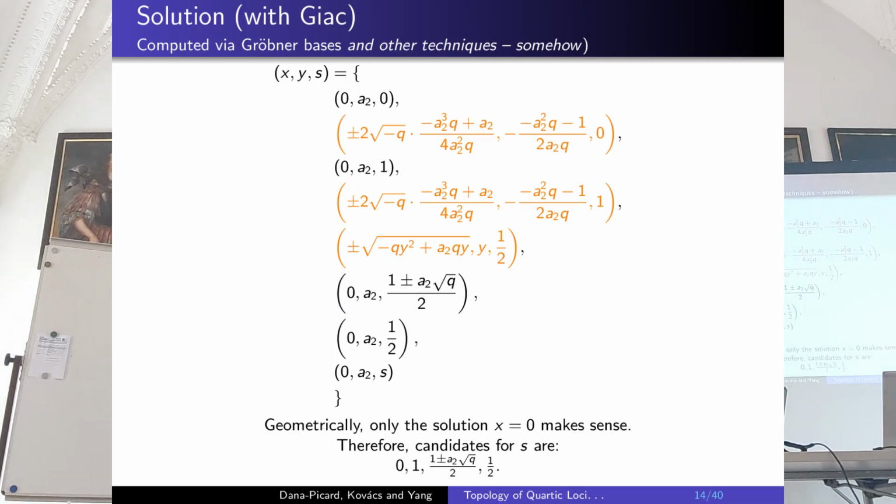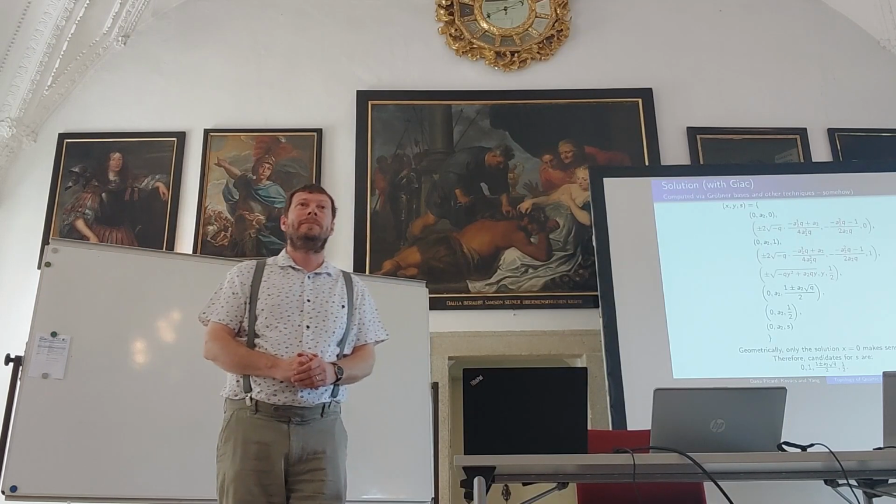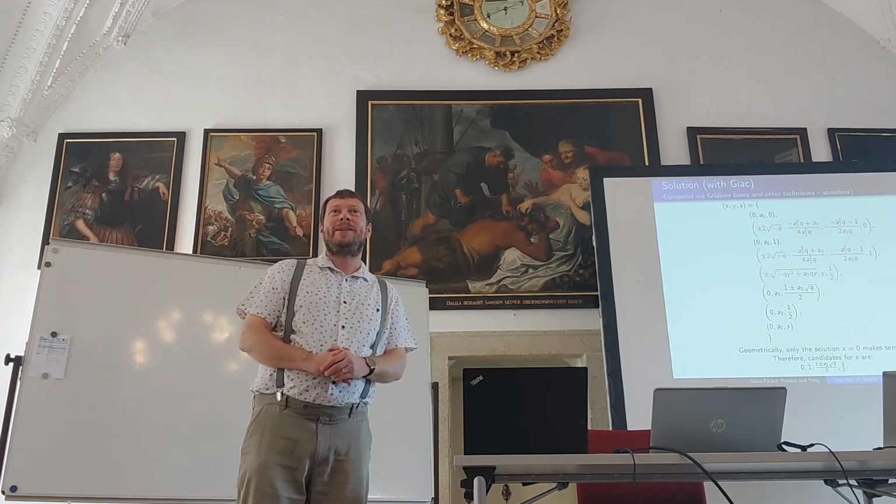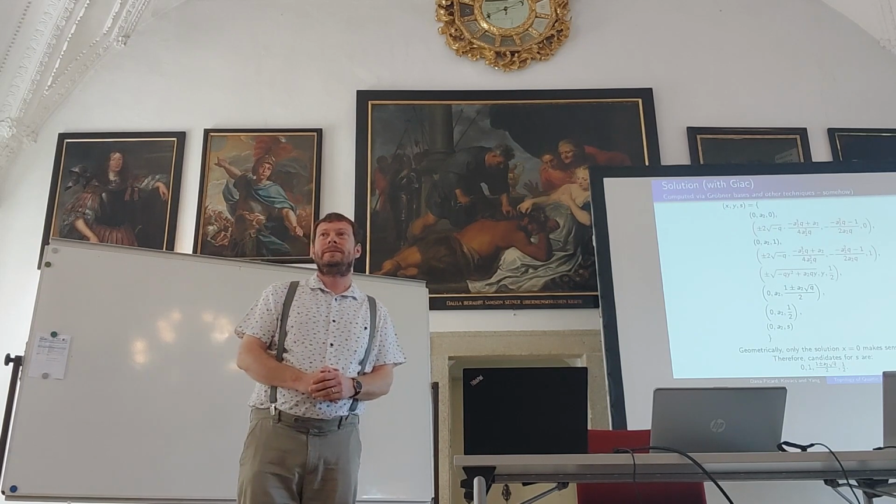Here, I think this is. Maybe the question is because it's a rational quartic curve, it has three singular points, and typically two of them will be the product. So might it happen that this is the case? Yes, I think so. Okay, thank you. Further questions?